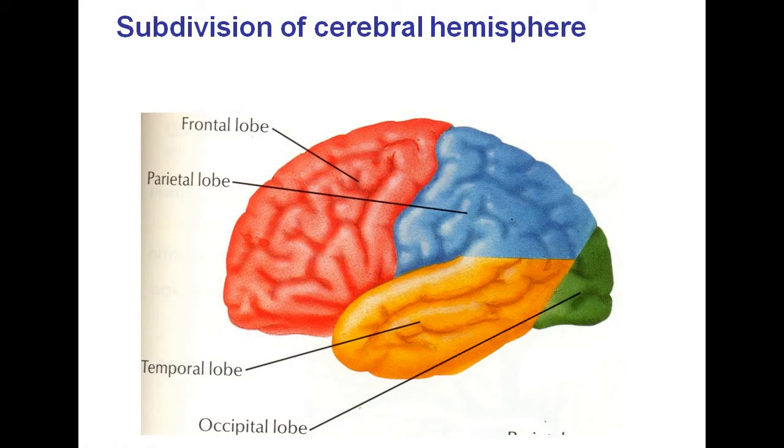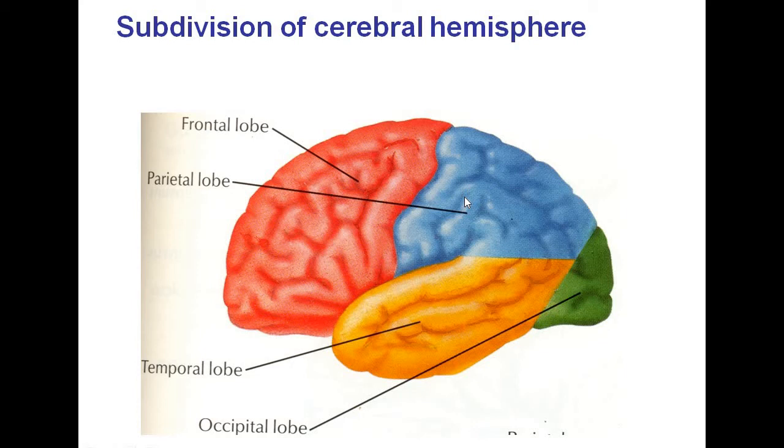The central sulcus begins at the superomedial boundary of the cerebral hemisphere. So this divides the frontal from the parietal lobe.